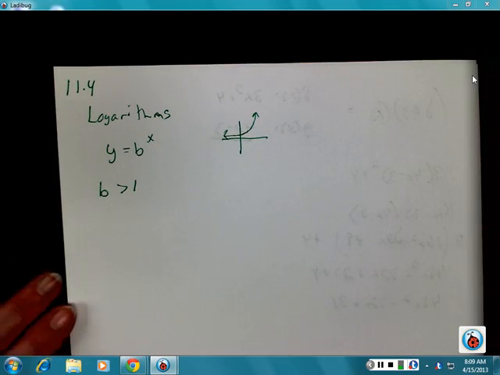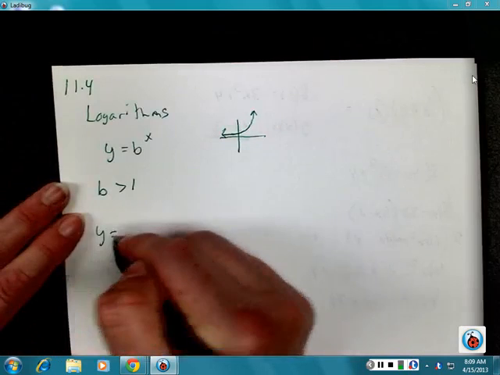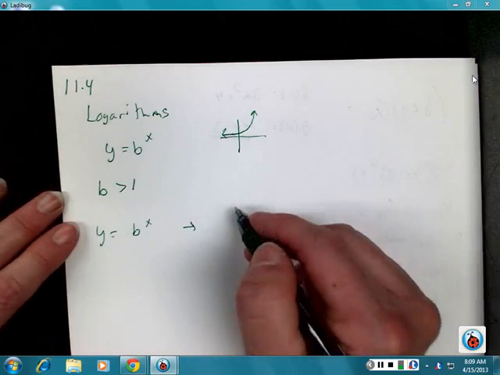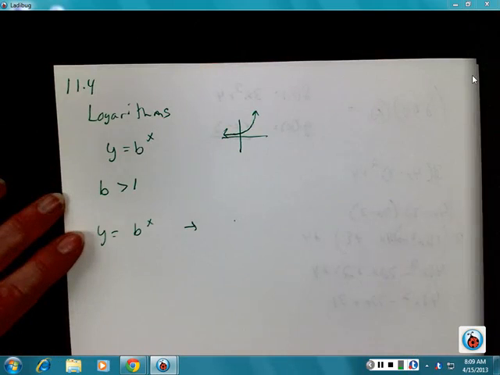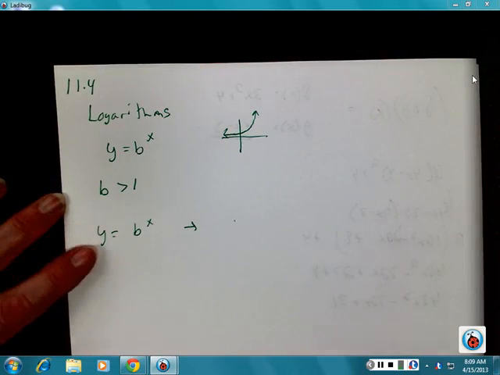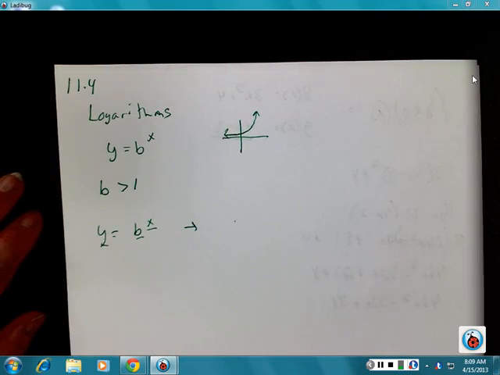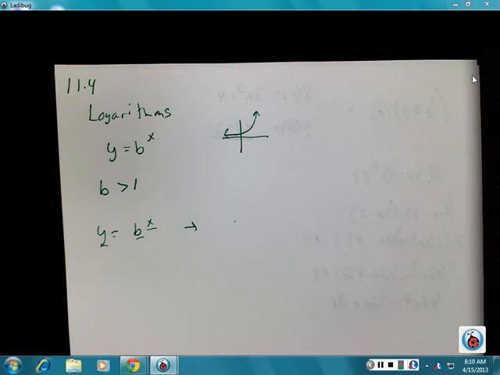If we looked at a logarithm as a reverse of this whole thing, y equals b to the x, the logarithm ends up taking these pieces that we have in here, and they all have a genuine meaning that goes along with that.